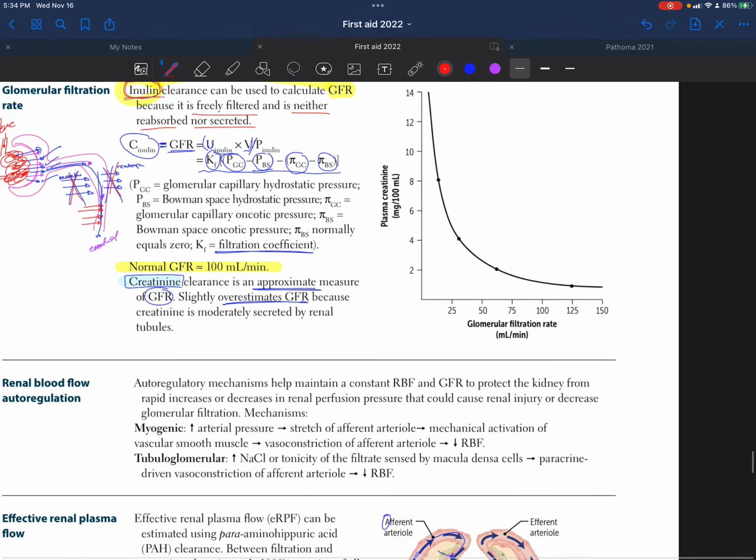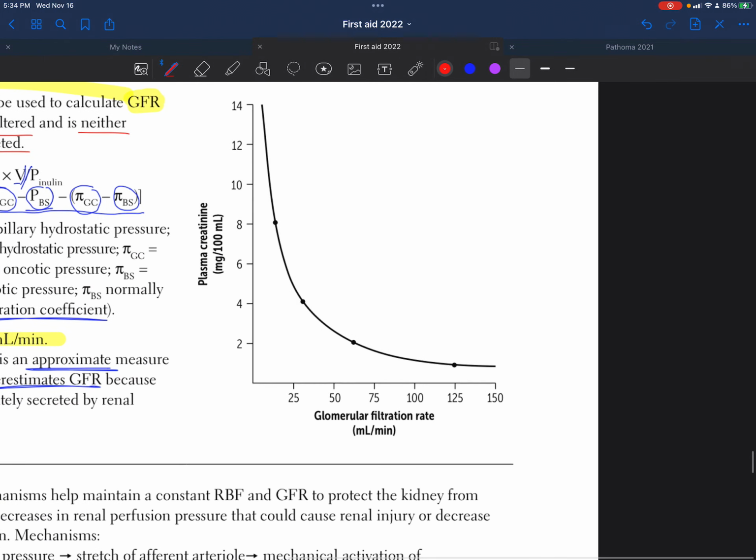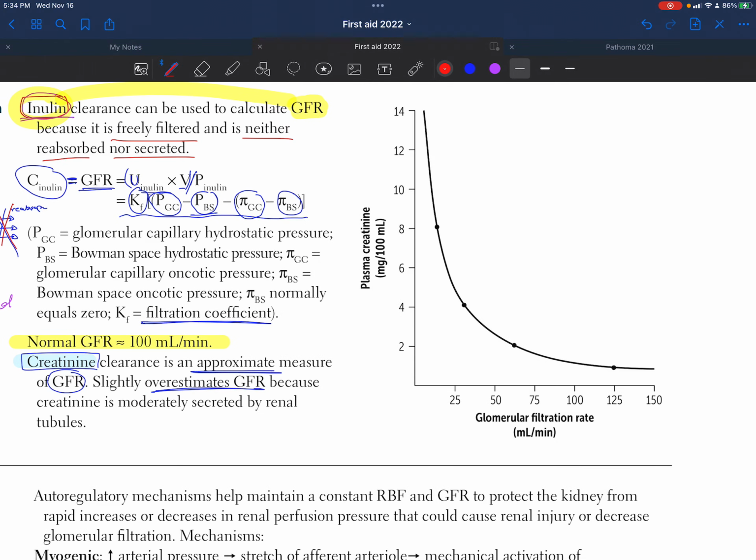And for the graph that we have here, this is the relationship between the glomerular filtration rate and the plasma creatinine. If the kidney is normal, not diseased, a healthy individual who has very nice, functional kidneys, then it will have a high, normal GFR.